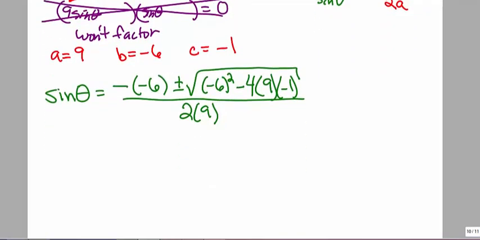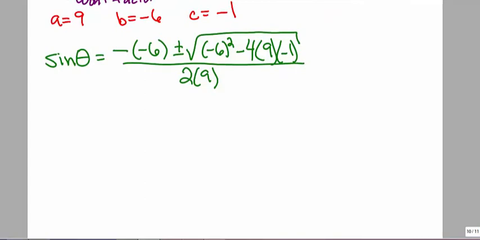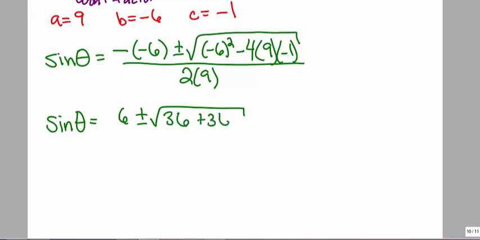Now we're going to simplify this, but we don't have to worry about simplifying it too much because we're just going to put this into our calculator as it is obviously an unknown sine value. So let's just simplify. Minus 6 is positive 6 plus or minus the square root. Negative 6 squared would be 36, and that would be plus 36 all over 18.